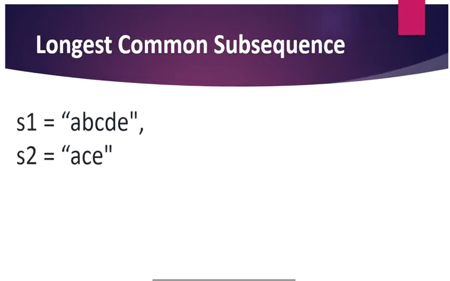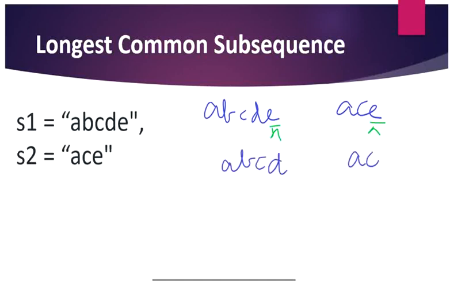Let's consider this example. Let us start with these strings and compare the last character of both strings. Now they both are the same. In this case, we further shorten these strings.